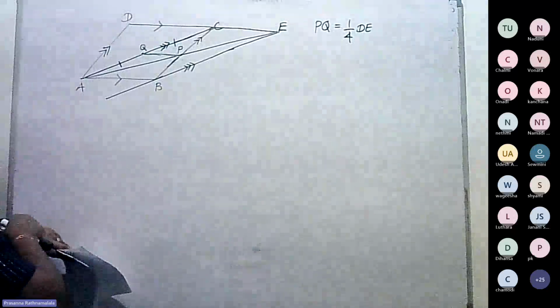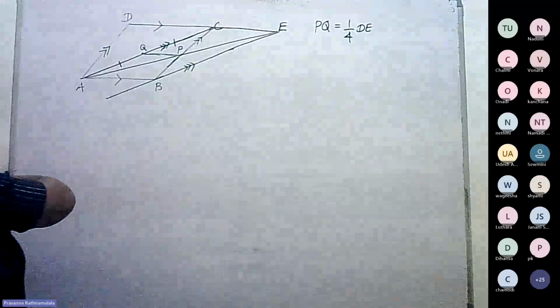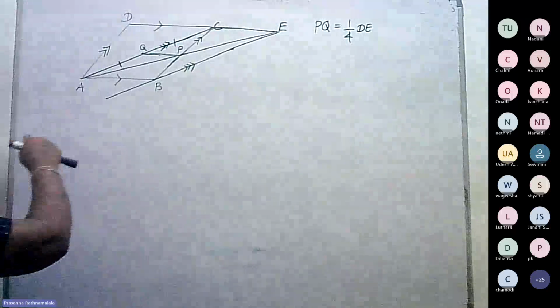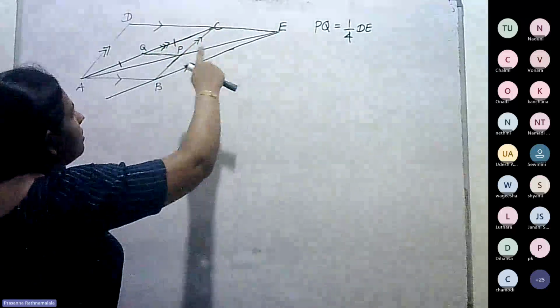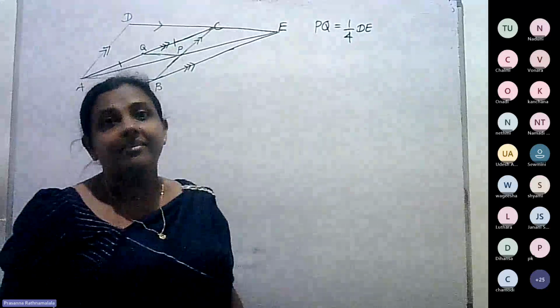You know that ABEC is a parallelogram, right? Opposite sides of that quadrilateral are parallel.